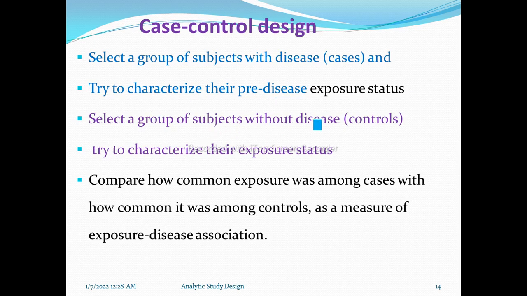And it selects a group of subjects without disease, that is controls, and tries to characterize their exposure status. We have seen this in the diagram. So compare how common exposure was among cases with how common it was among controls, as a measure of exposure-disease association.